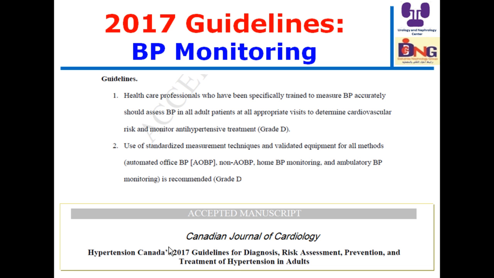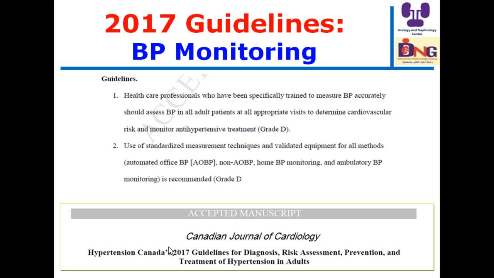patients. Use a standardized measurement technique and validated equipment for all methods: automated office blood pressure, non-automated office blood pressure, home blood pressure monitoring, and ambulatory blood pressure monitoring. All these are recommended.